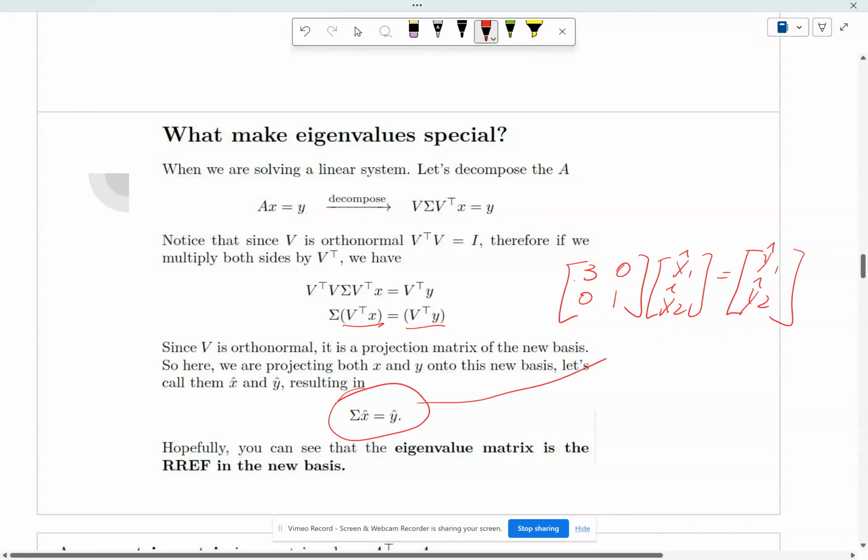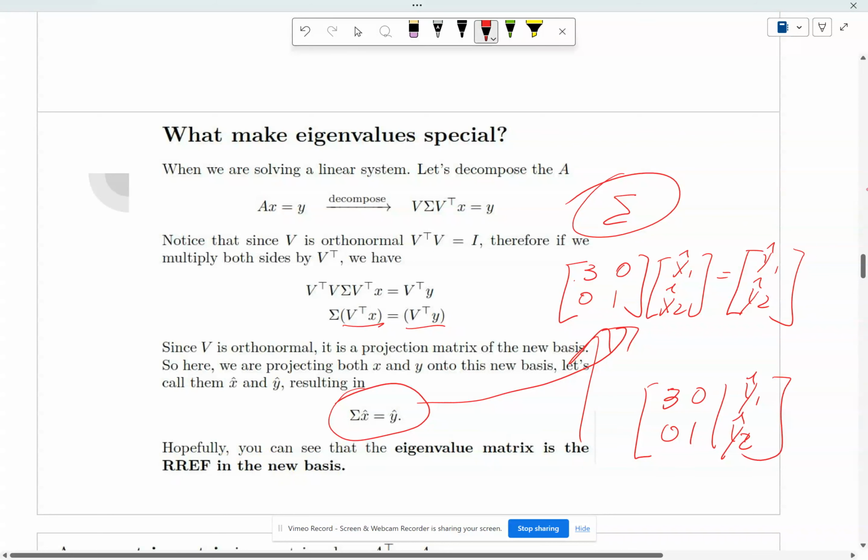What this expression is telling you is that sigma, which is the eigenvalue matrix, is the reduced row echelon form.